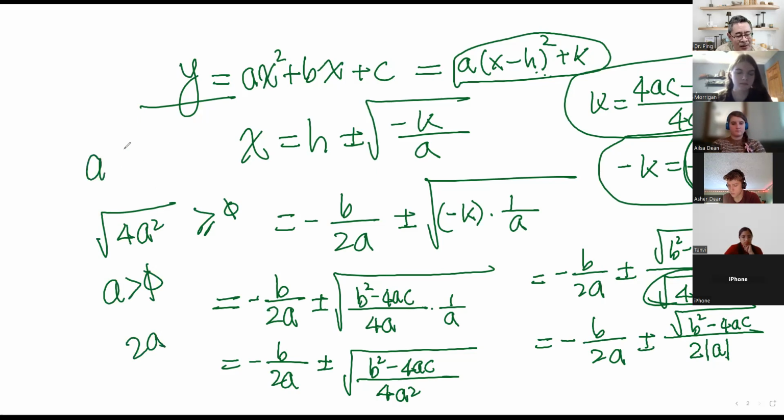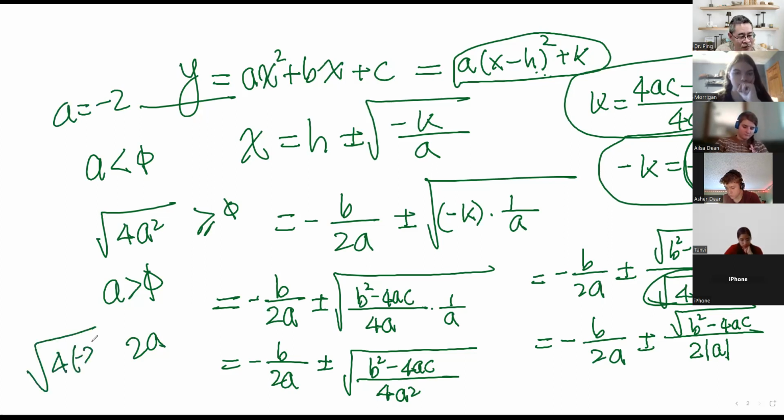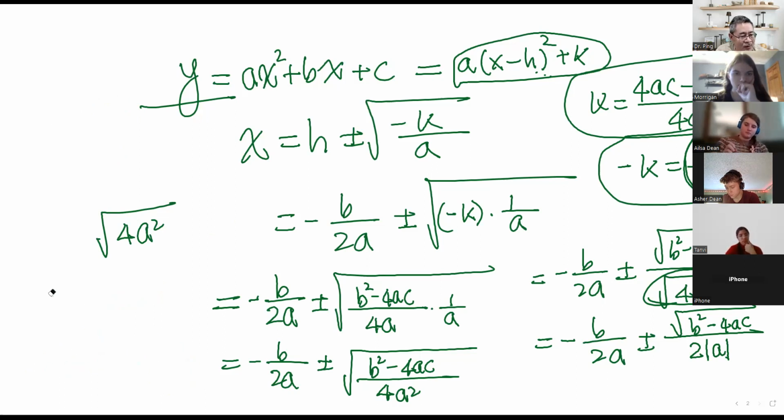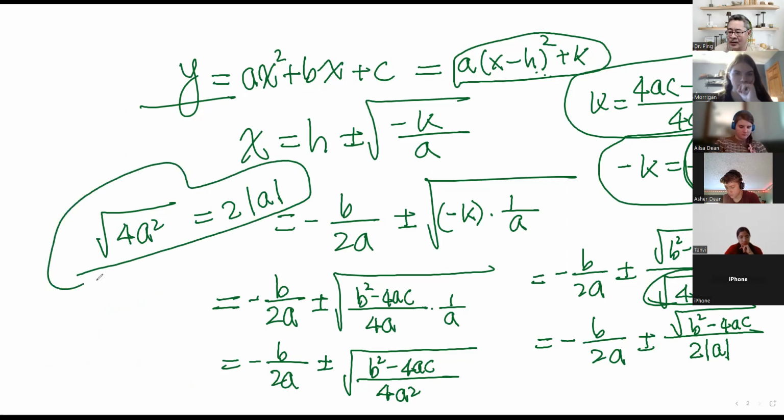But if a is negative, say a is negative 2, then the square root of 4 times negative 2 squared is still 2 times 2, right? Yeah, are we good on this one? The square root of 4a squared is equal to 2 times the absolute value of a. Any question on that? We're good.